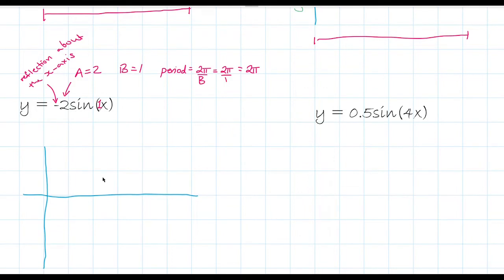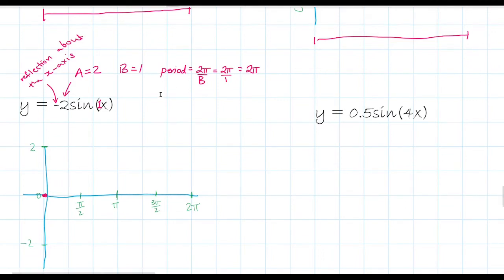Let's mark in, so our base is at 0. Then we have an amplitude of 2 and negative 2. And our period is 2 pi. So let's cut that into 4 parts. We're going to have pi on 2, pi, 3 pi on 2. And normally if we were drawing this, we would have plotted in 0.